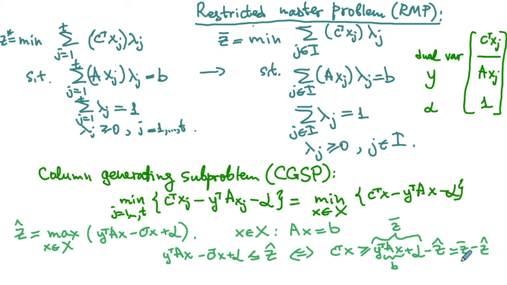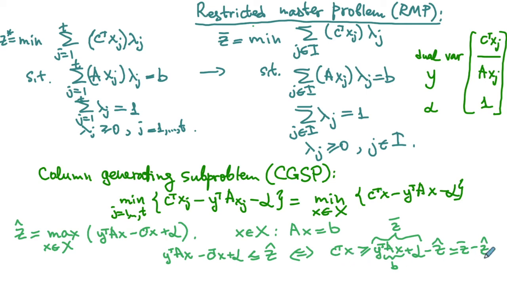And this expression z bar minus z hat, which is the difference between the optimal objective value for the restricted master problem and the optimal objective value for the column generating subproblem in its maximization form, gives us a lower bound on the objective value for this feasible solution to our original LP, right?